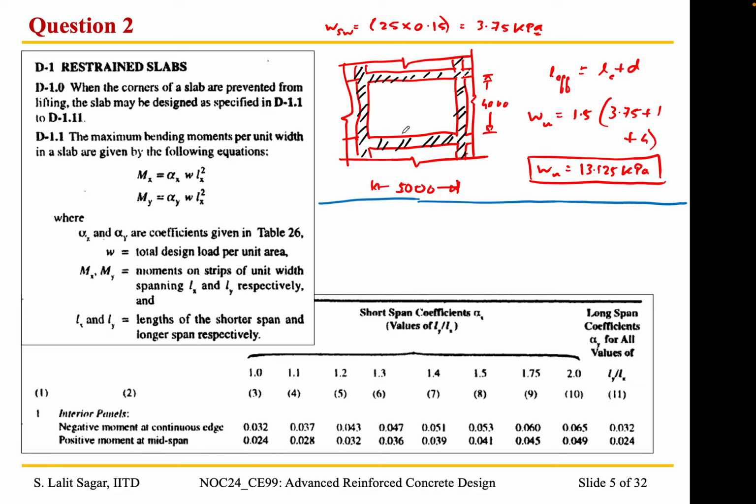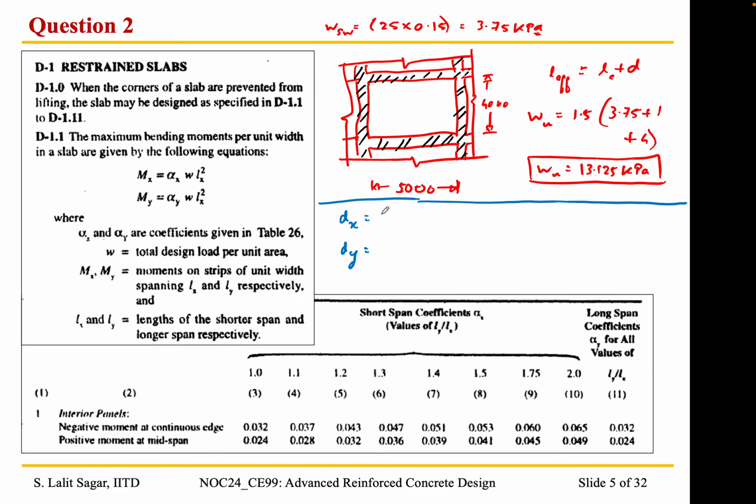So I'm going to take dx, that is the shorter span. I'll write dy also, the effective depth along the longer span.